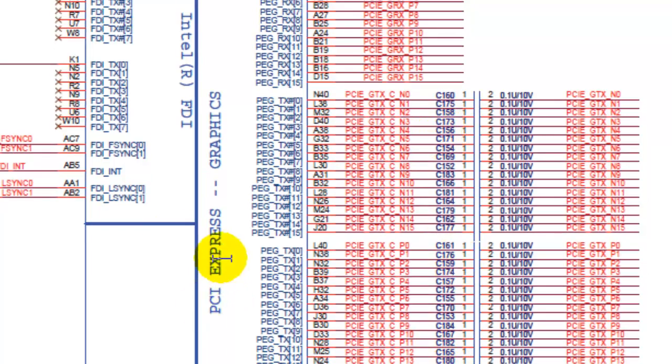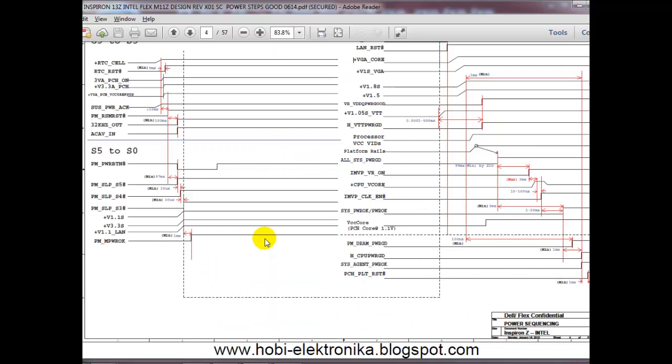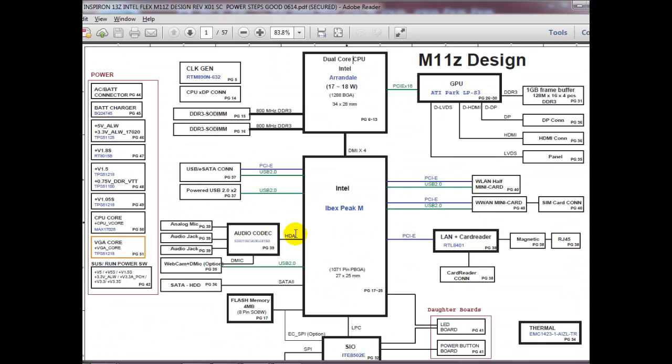This is your PCI Express graphic controller. These signals here also it is written. You can check here PCIe X16. So this connection is PCIe X16 to the graphic ICs, and from graphic ICs one connection is LVDS, one connection is HDMI, DDR and DP. Like these connections are there.